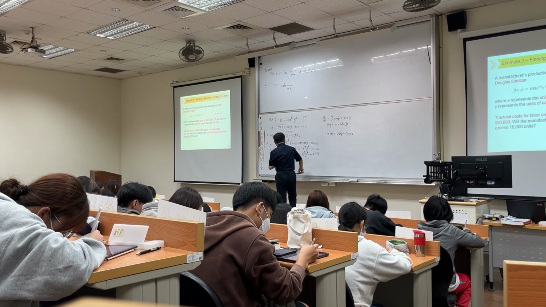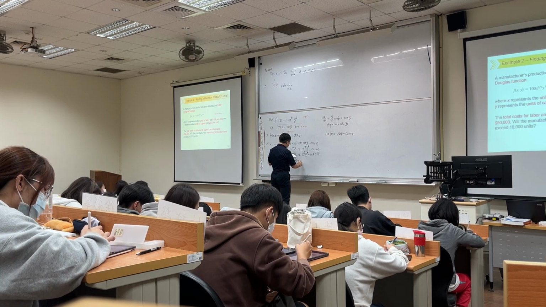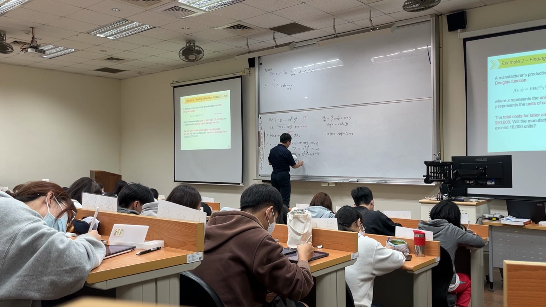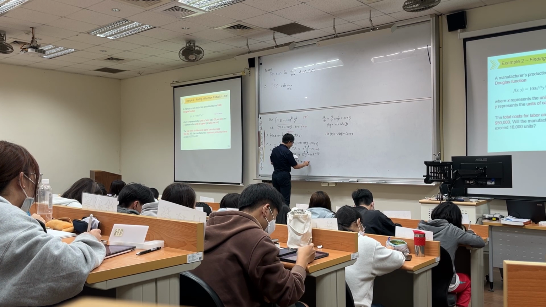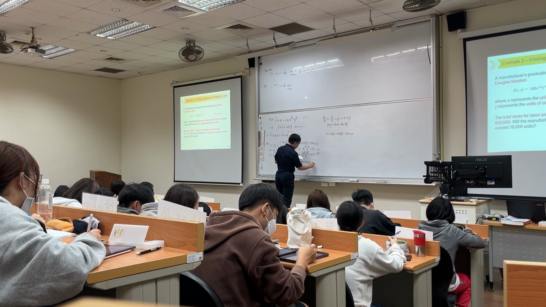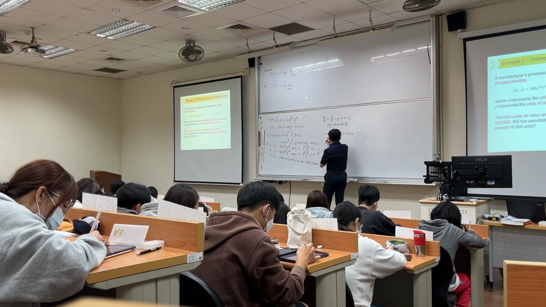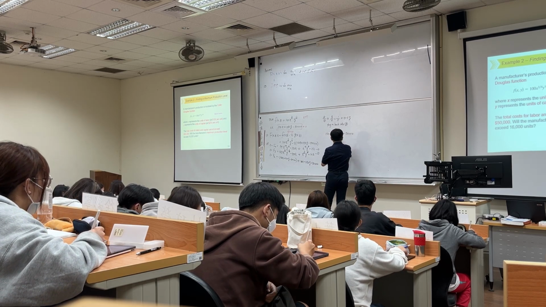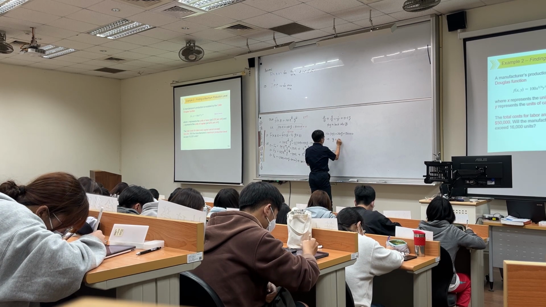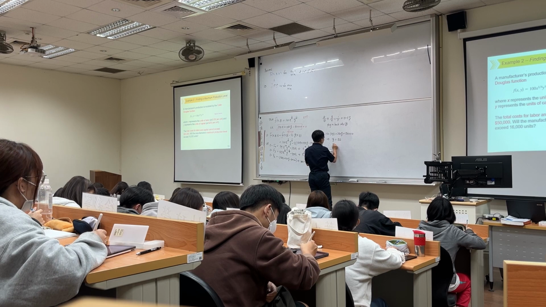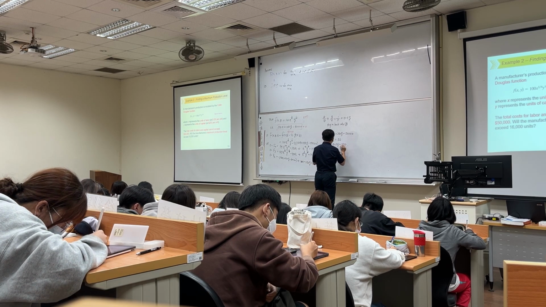Let me do a little bit of arrangement here. 750 and 250 will be 1,000. So this implies y is equal to 50, hence x equals 5y equals 250.